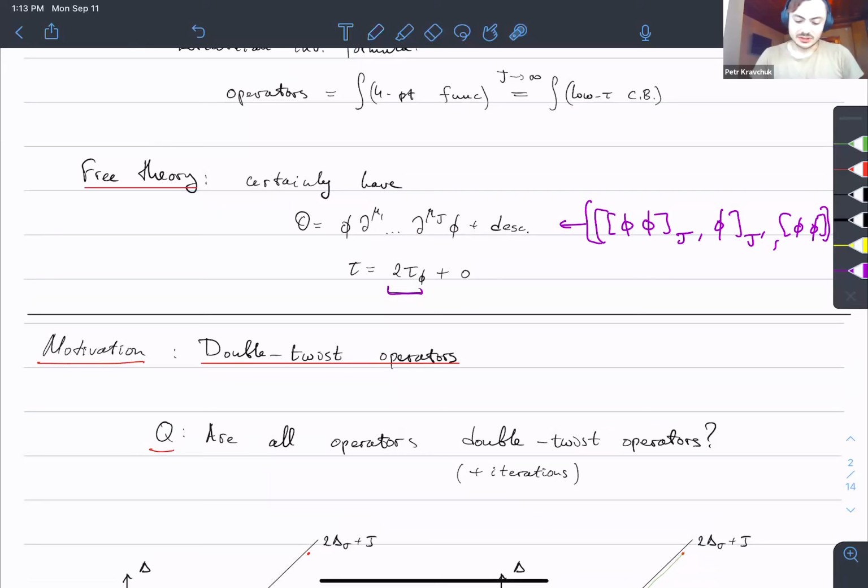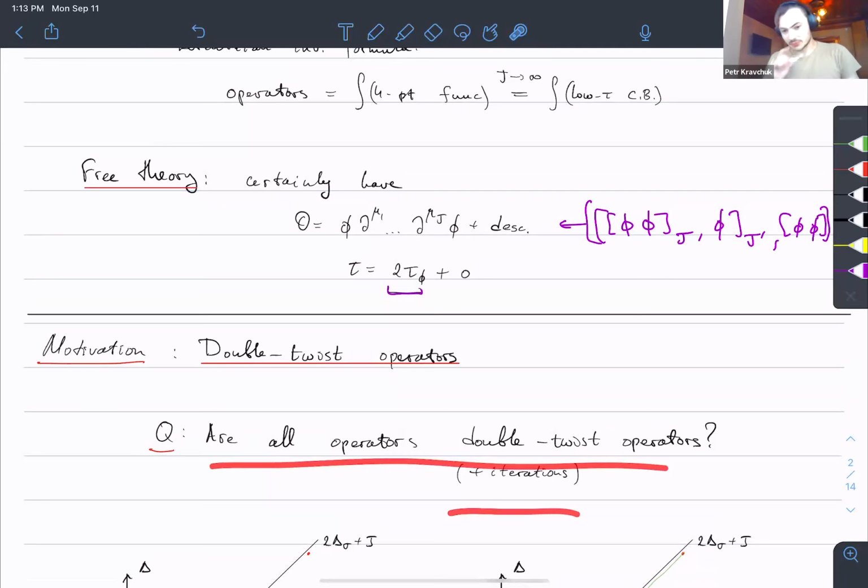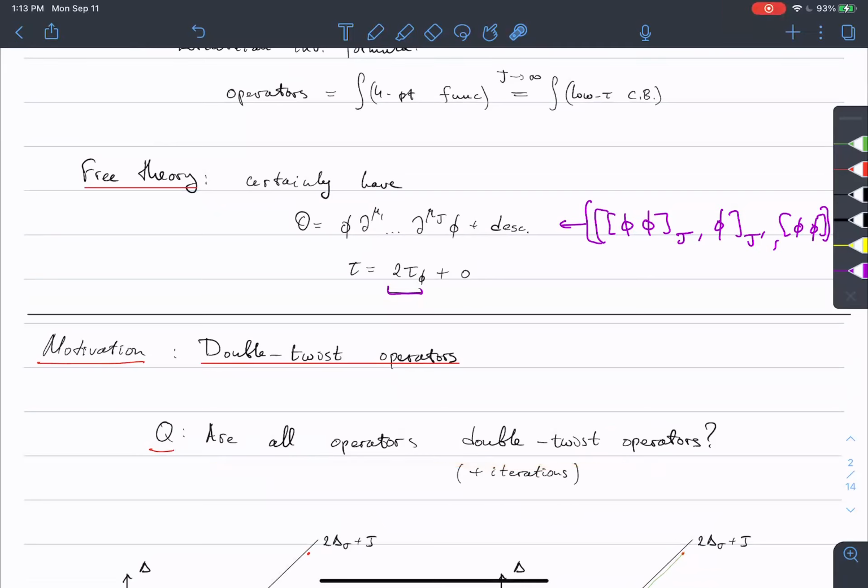And then we can ask, can we get all operators in this way? But you also want some large spin, you want to bring in that condition, or even without that? So I want to ask this question without this condition, and exactly yes.